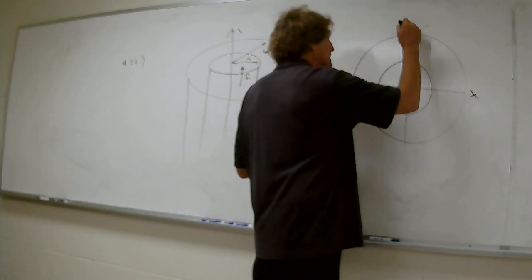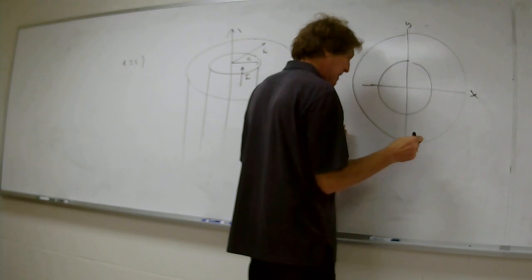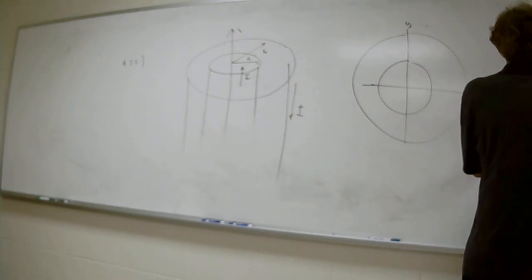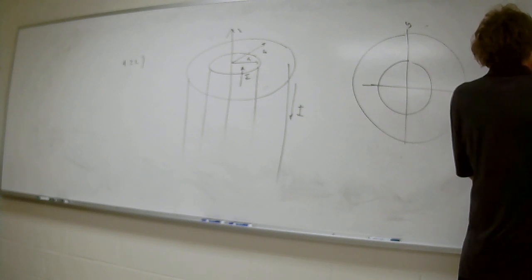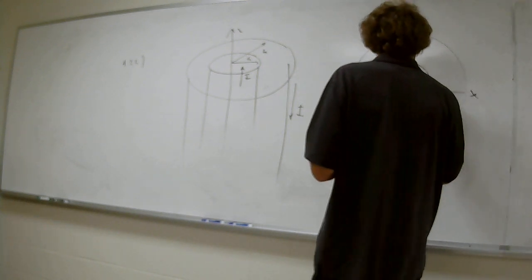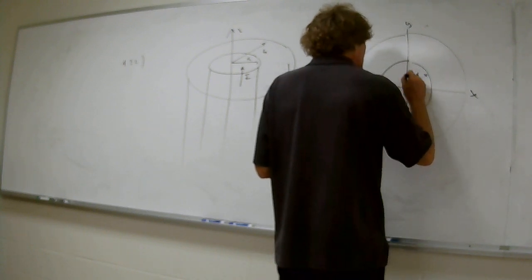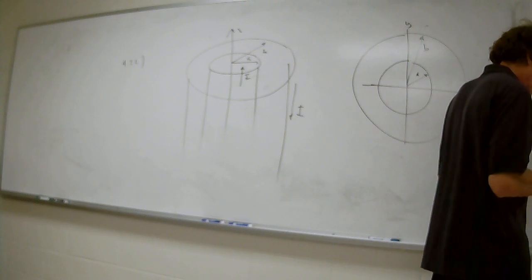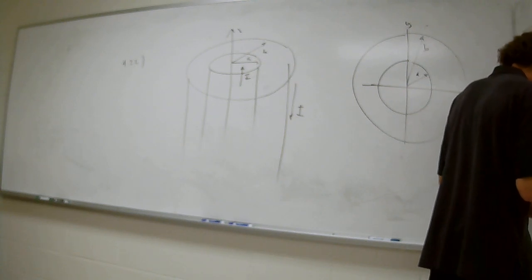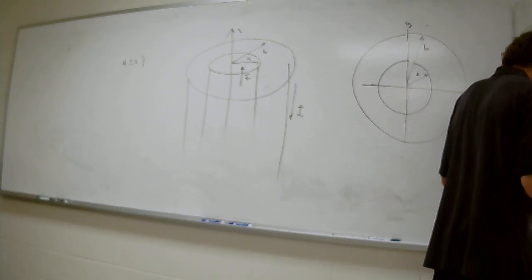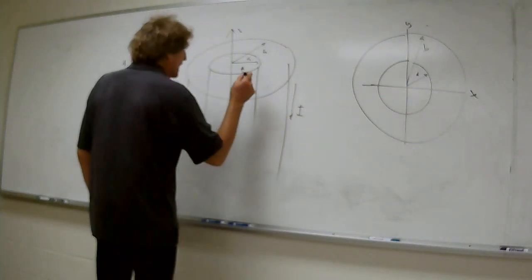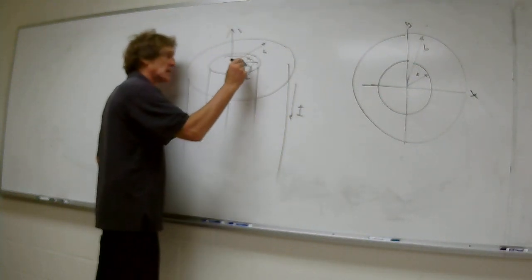If you take a look at the possibilities, there's really 3 regions. We're going to say for the radial distance rho less than this inner radius A, I want you to notice this. This is important.